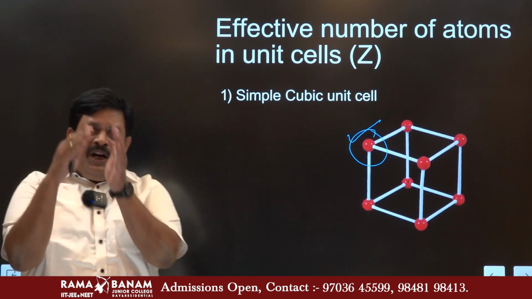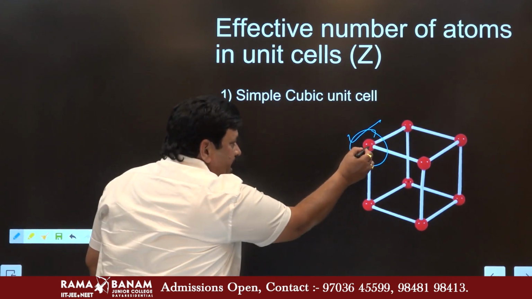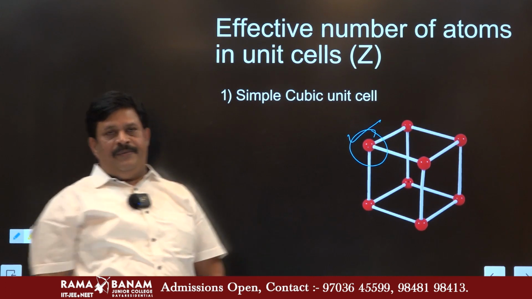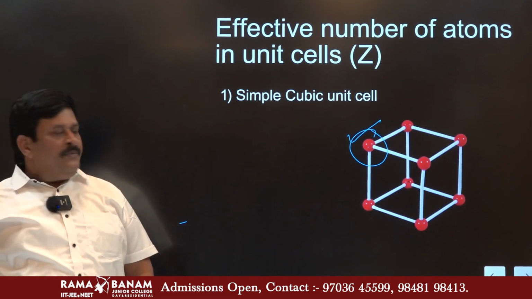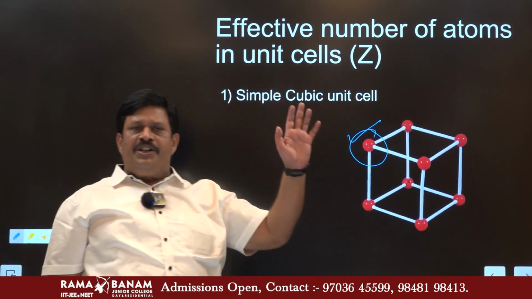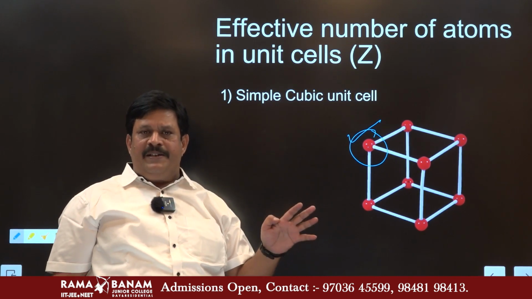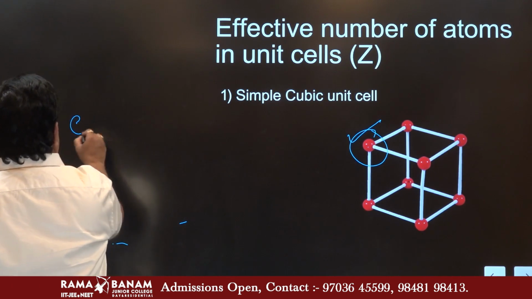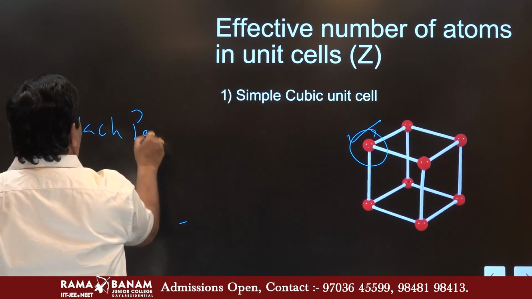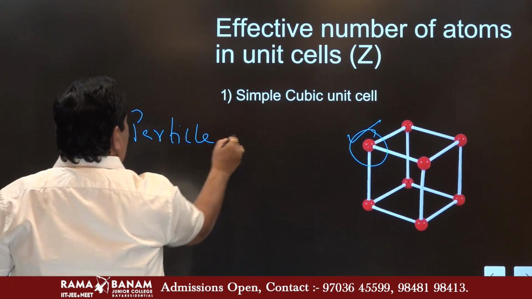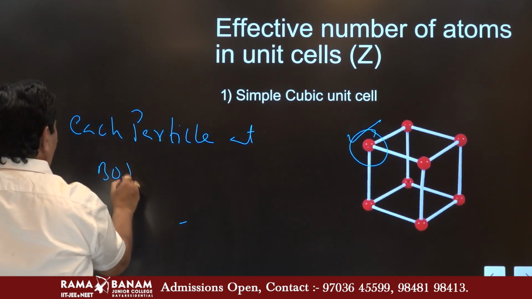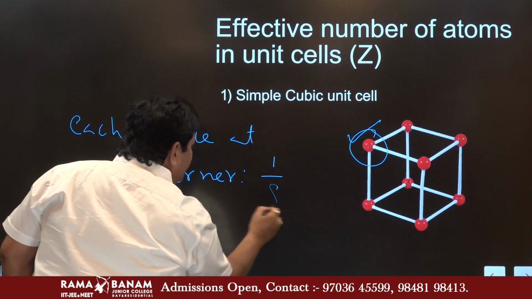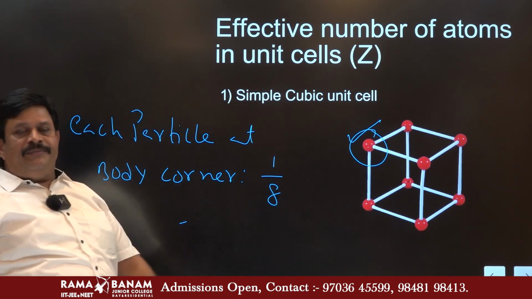What is the contribution of this particle to the unit cell is nothing but the effective number. Any body corner is shared by a total of 8 unit cells. So, the contribution of each particle at a body corner for one unit cell is 1 by 8.